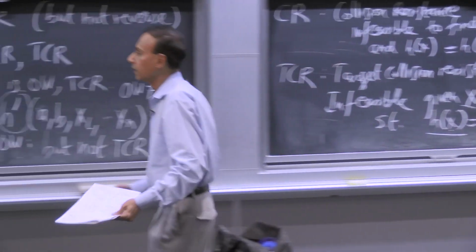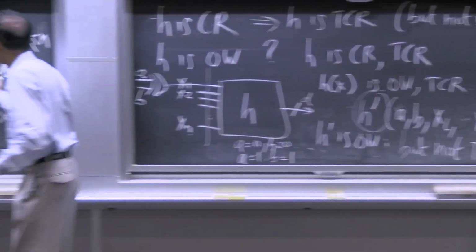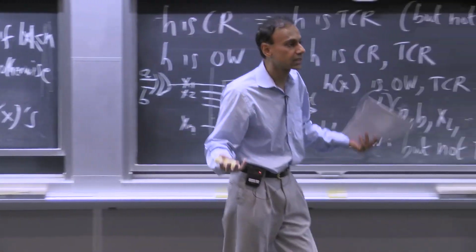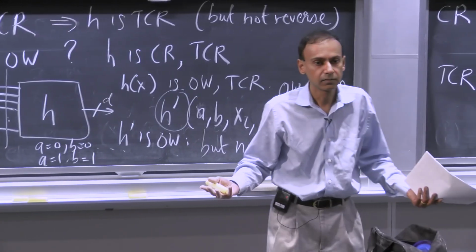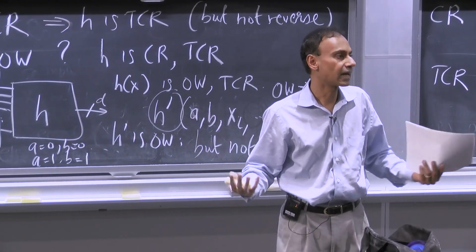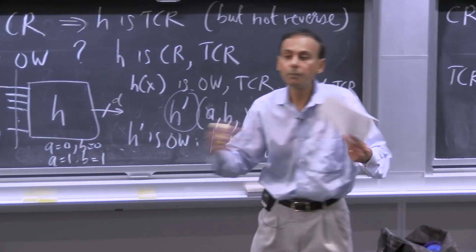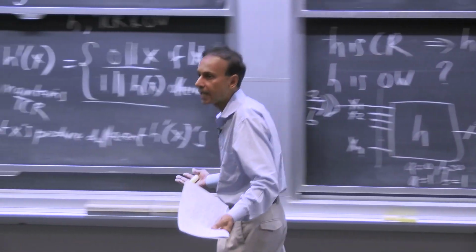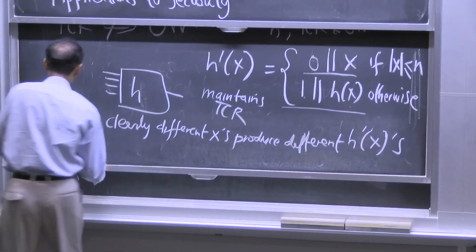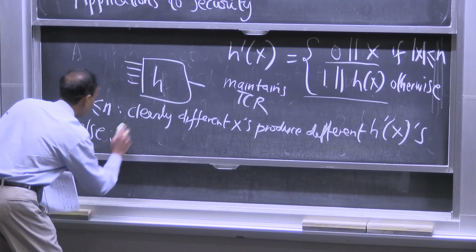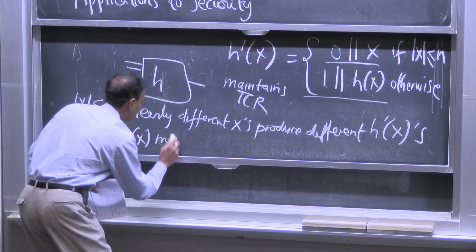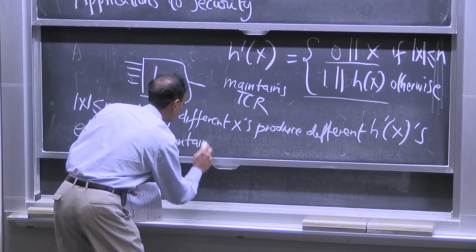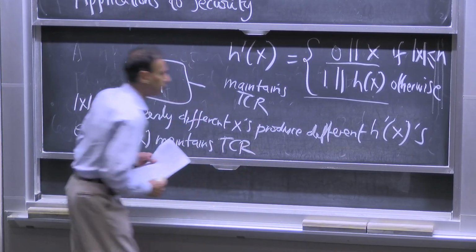So that's easy. And for the other case, well, I assumed that h of x was TCR. Correct? Because that was the original assumption that I had the h, which was TCR. So in both cases, TCR is maintained, because else h of x maintains TCR. All right?